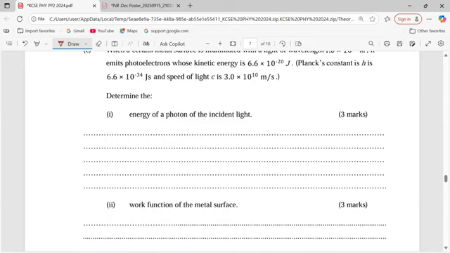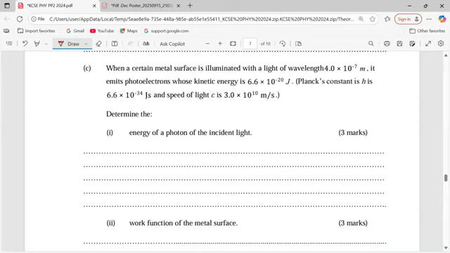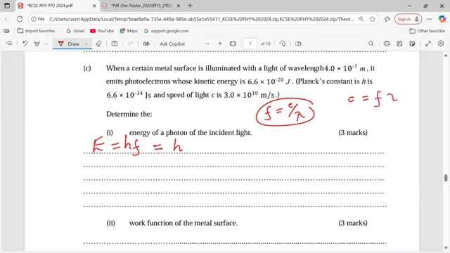We know that energy is given by Planck's constant times f, and instead of f we can use speed of light over the wavelength, because speed of light or any radiation is given by f lambda, meaning that f can be expressed as c over lambda.